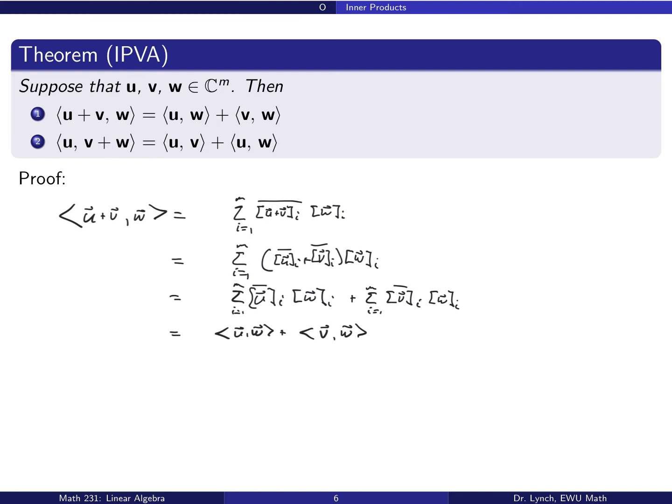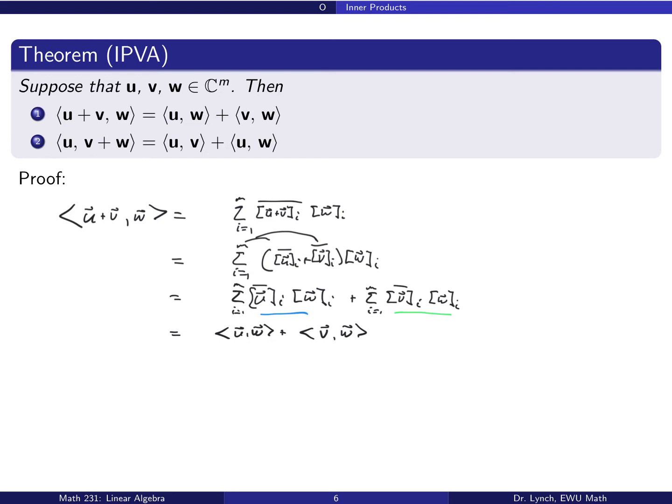And then we can distribute that sum over the sum. Now, the first sum we see is exactly the inner product of U with W, and the second sum is exactly the inner product of V with W. So the inner product of a sum with a vector is the sum of the individual vectors' inner products with the second.